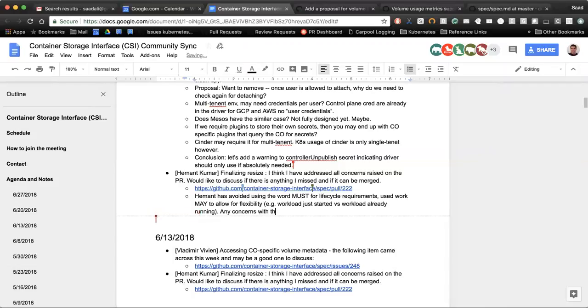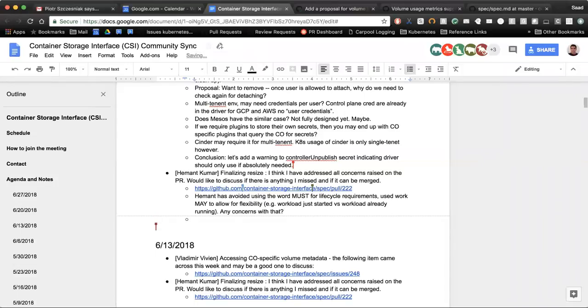Well, I feel the wording gives the CO more flexibility, but that also means the plugin developer needs to be able to deal with all possible situations in which the CO calls this method. Instead, if you use must, it gives the plugin developer a clear instruction: you only need to handle this call under these situations. But then it restricts how the CO calls it. So I feel it's just a trade-off in the wording.